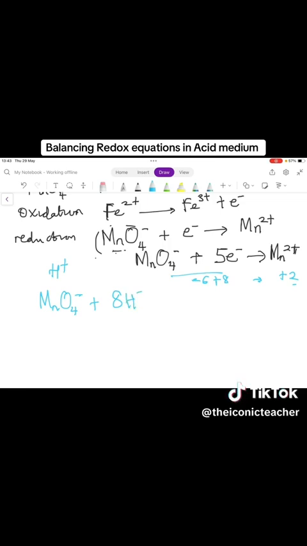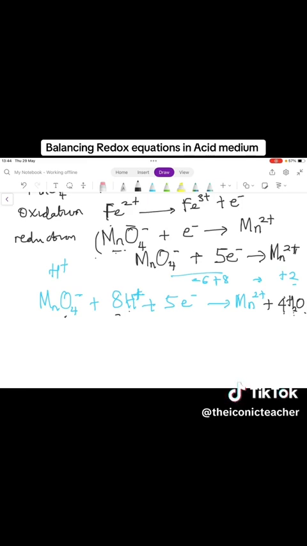So 8 moles of hydrogen ions plus the 5 moles of electrons. Now, because you've introduced hydrogen to the reactant side, you then need to balance the hydrogen on the other side: 4 times 2 gives you 8 hydrogen atoms, and you have 4 atoms of oxygen on both sides.